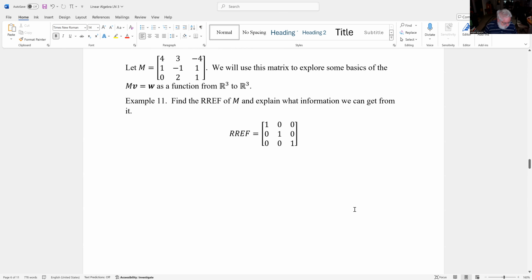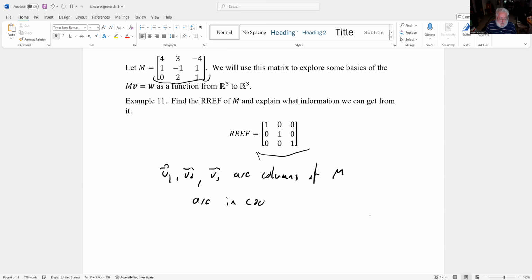So 3 by 3, same kind of thing. What does this reduced row echelon form tell us about these three vectors? So V1, V2, V3 are the column vectors. These are in the codomain.